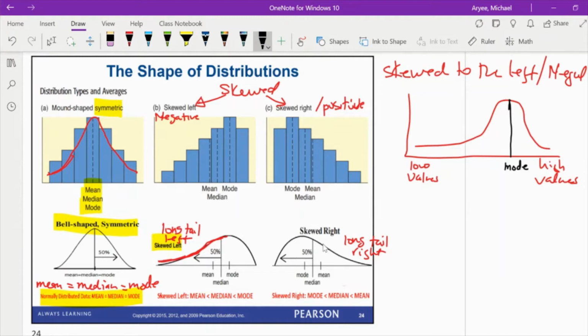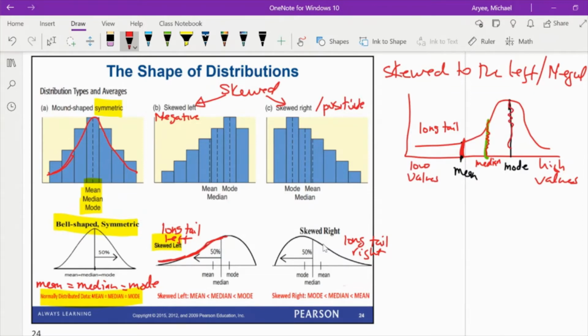Now, the mean would always be dragged towards the long tail, so the mean will be somewhere here. The median is always in between the mean and the mode. So the median is here. This is the median.